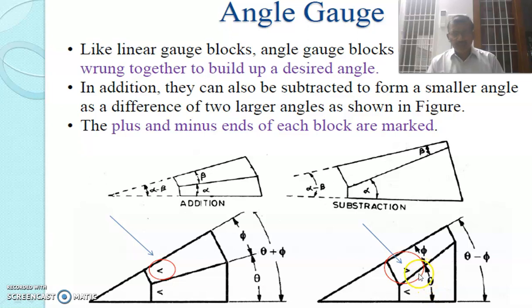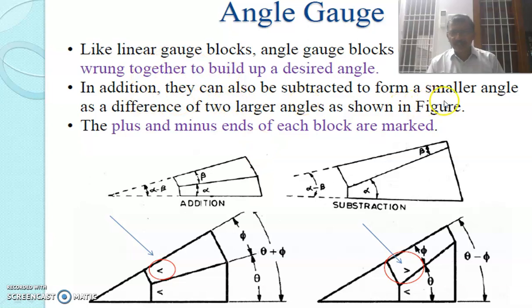If they are wrung in the opposite direction, that is, the symbol becomes a greater than symbol, you have to subtract. Here it is theta plus phi, because the symbols are on the same side and the angles are in the same direction. But if it is put in the opposite direction, it is theta minus phi.